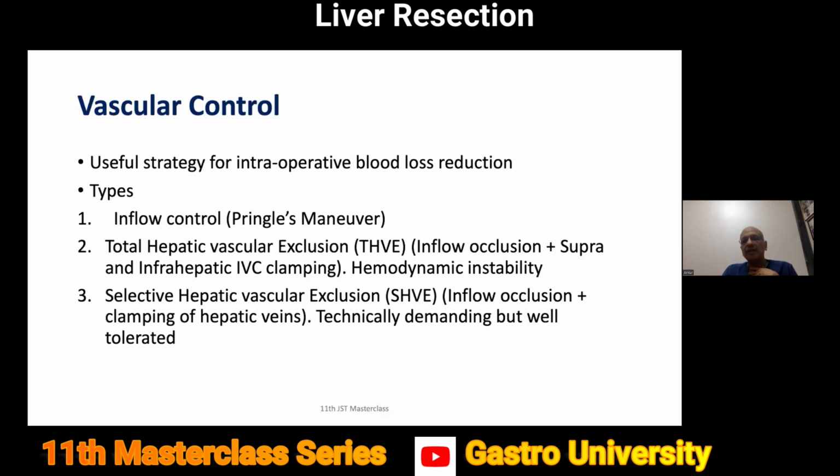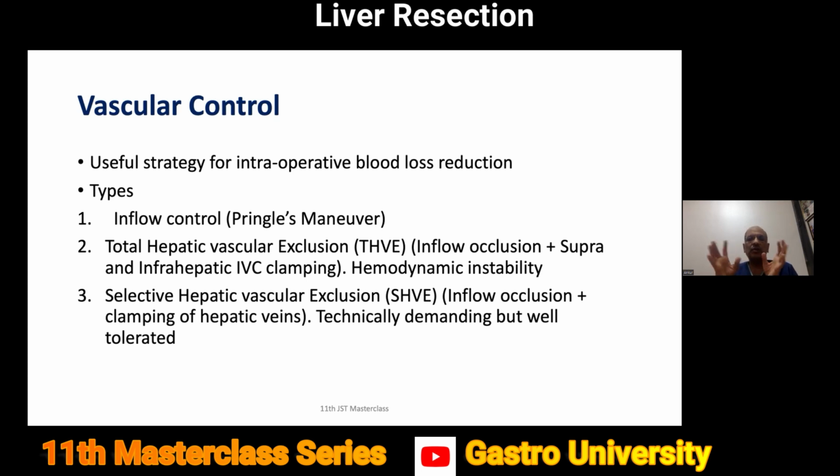Coming to the steps for controlling the bleed during liver resection, the basic step is vascular control. Types: inflow control, what we call the Pringle maneuver, and all of us do it routinely. Then the other component of vascular control is total hepatic vascular exclusion, which includes inflow occlusion as well as clamping of the suprahepatic and infrahepatic IVC.